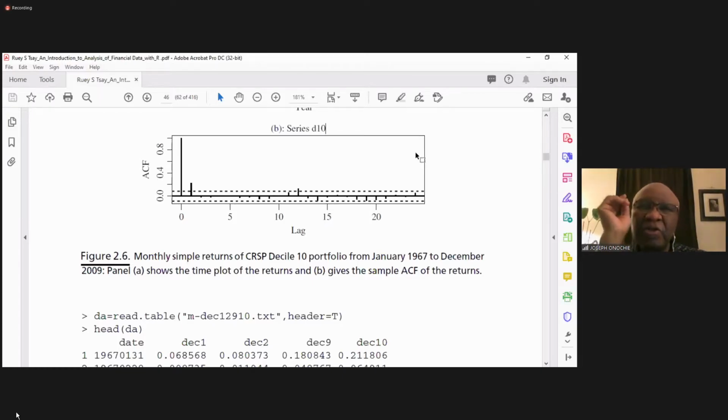So when we calculate autocorrelations at different lags, there are two tests we can perform. The first test is we test each one at lag 1. Is that equal to 0? We check whether it's within the interval.